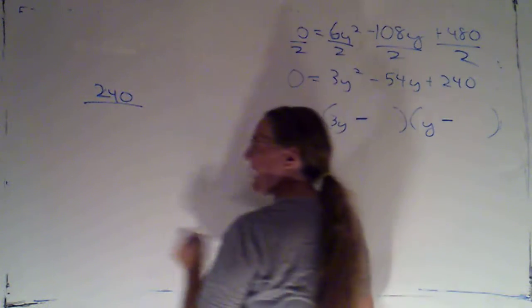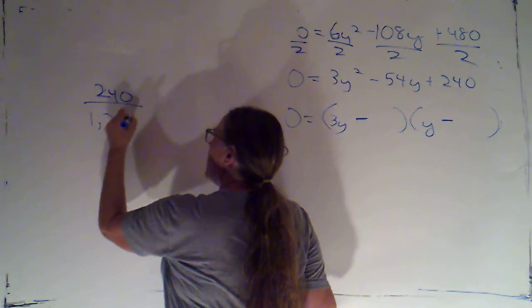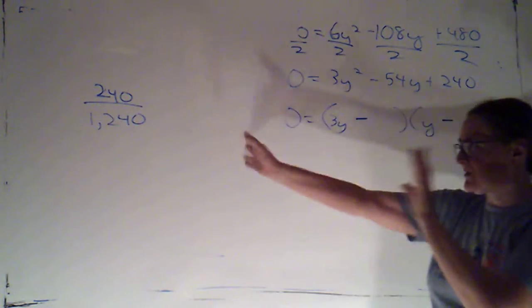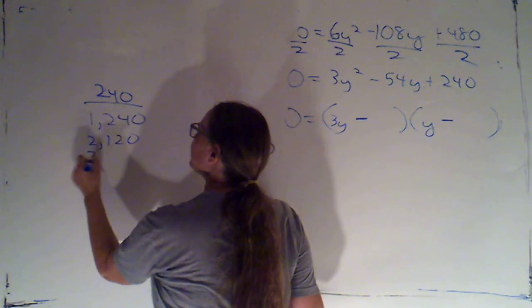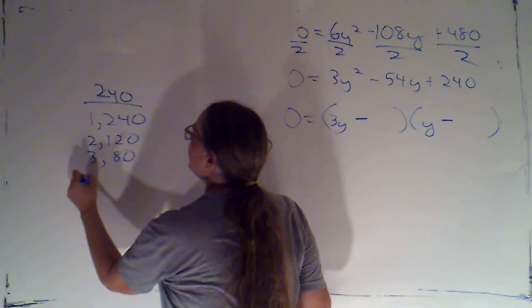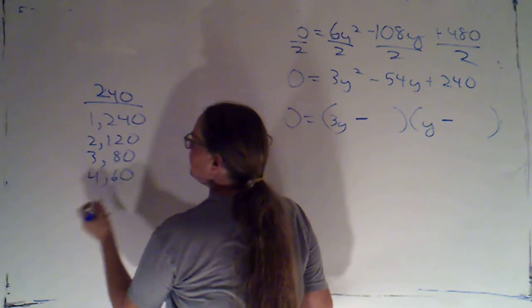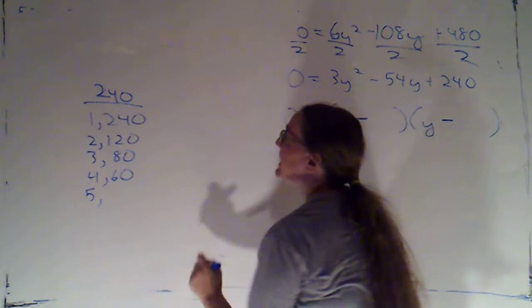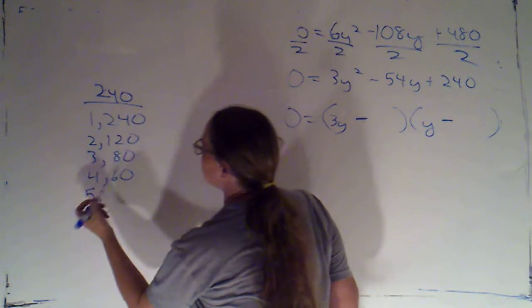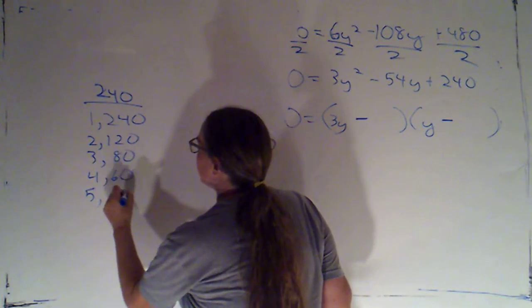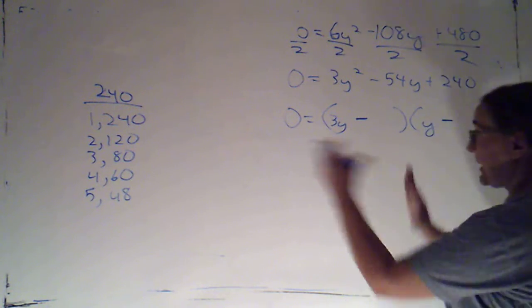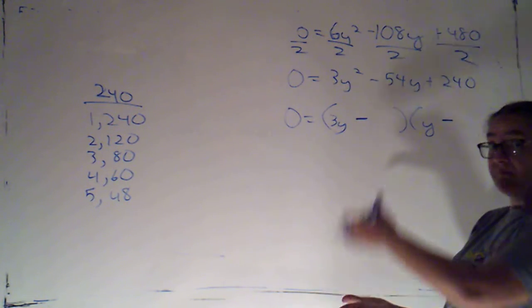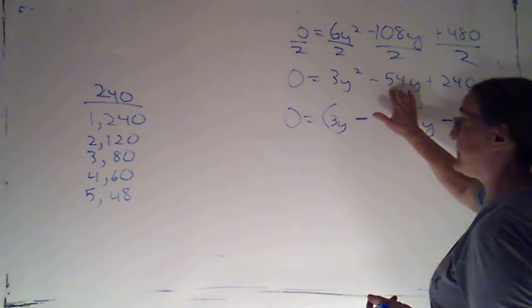So let's just list pairs of factors. 1 and 240, I can see that's way too big. 2 and 120, 3 and 80, 4 and 60, 5 and 48. Okay, and again, I'm hoping that one copy of one plus 3 copies of another adds to 54.